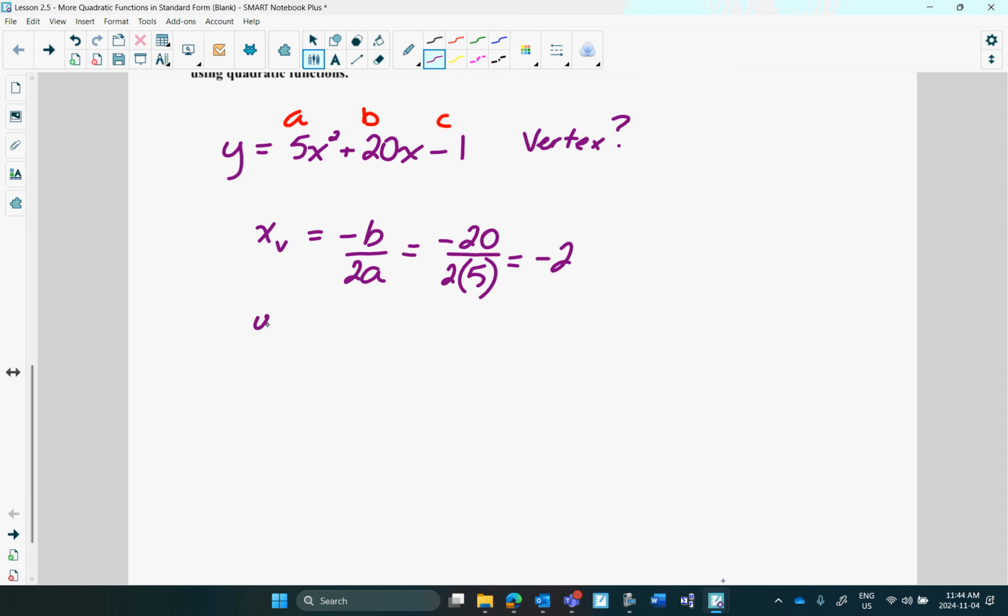And now that I know the x, plug it back into the original standard form function and figure out y.